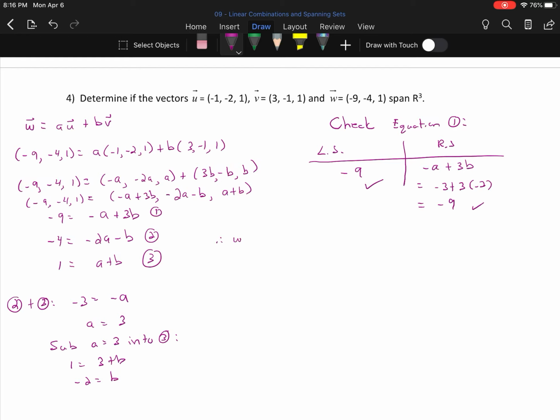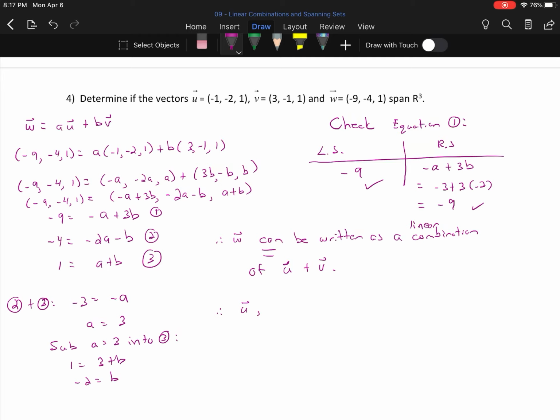Now slow down for just a second. There's a bunch of conclusions here, and only one answers the question. First conclusion, therefore, W can be written as a linear combination of U and V. So that's the first conclusion.